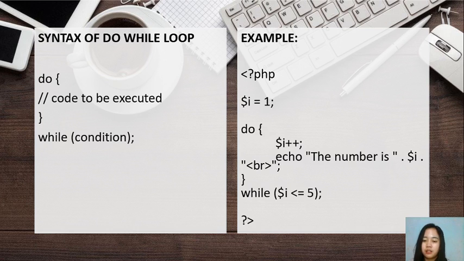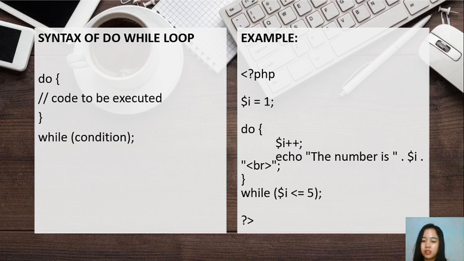So, 5 less than or equal to 5, which is still true, since it is equal to 5. So it goes back to the code. It increments, since the condition below is still true, to 6. Then it outputs "The number is 6".